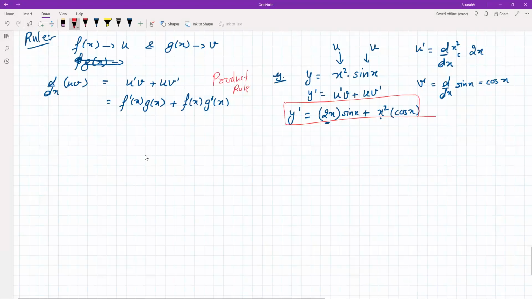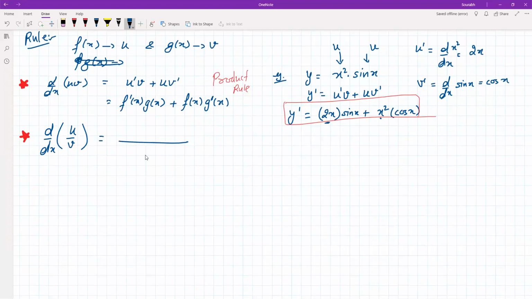The second important rule is the division rule. So now you have d by dx of u by v. Whenever such scenarios come, whatever is the denominator here, you have to write here as it is and square it.